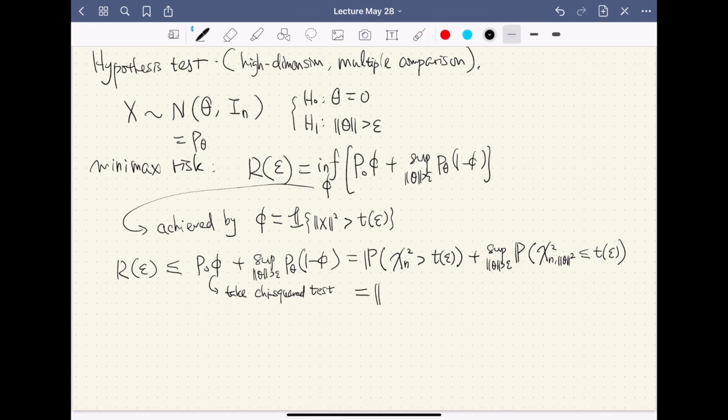Therefore, this equals this guy plus this guy, right? This is the upper bound.